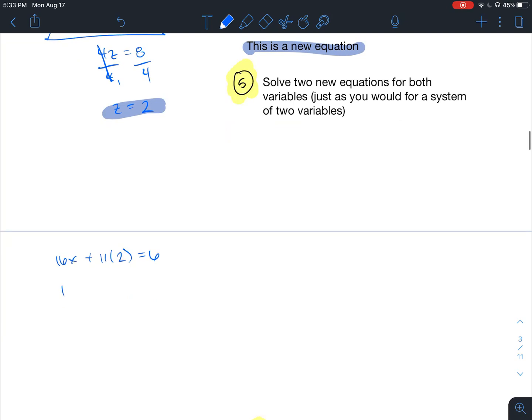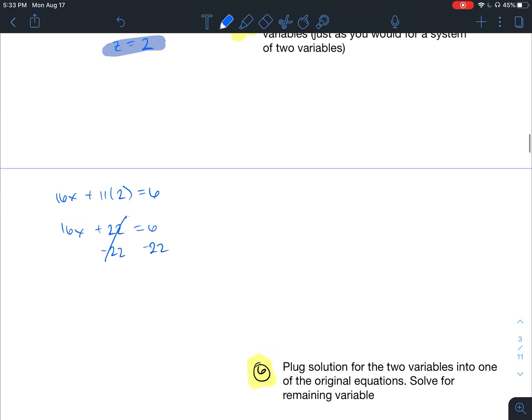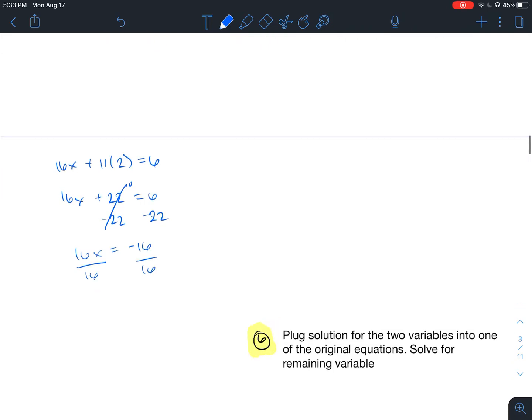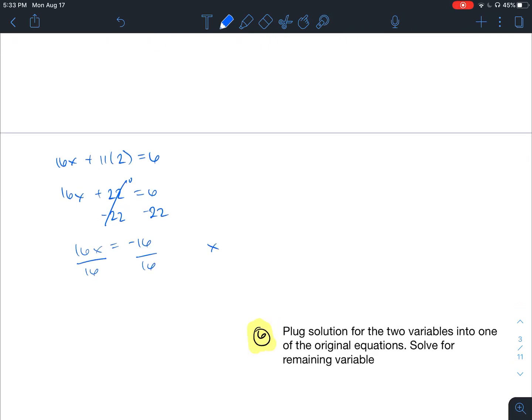Okay, 16x plus 22 is equal to 6, minus 22 from both sides, we have 16x is equal to negative 16. Divide by 16, and there we have that x is equal to negative 1.